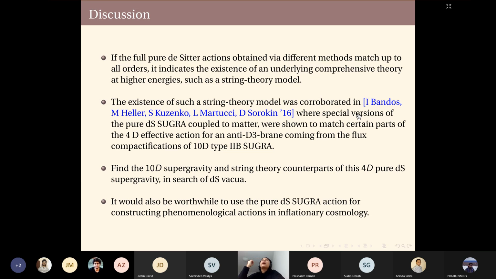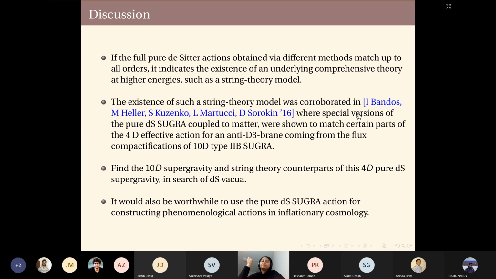If, however, we find that they have differences at higher orders, even though they matched up to the cubic order in field fluctuations, then it will indicate some fundamental differences, and it'd be interesting to explore the phenomenological consequences in greater detail.